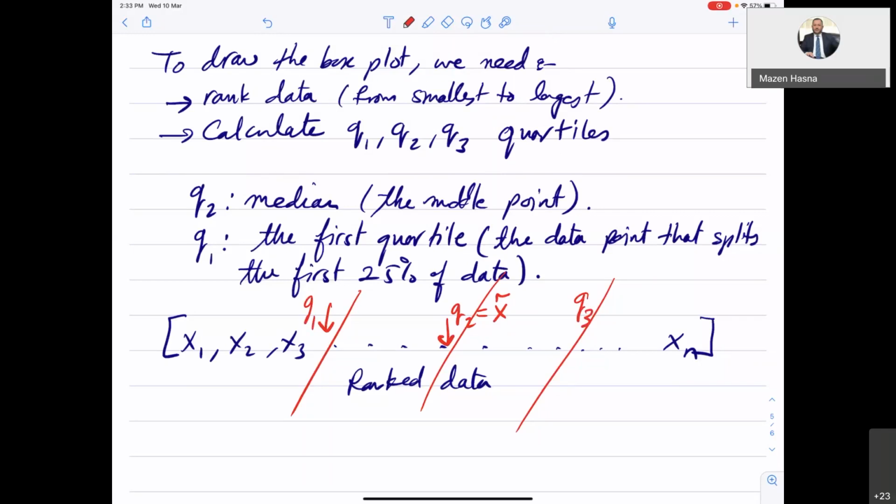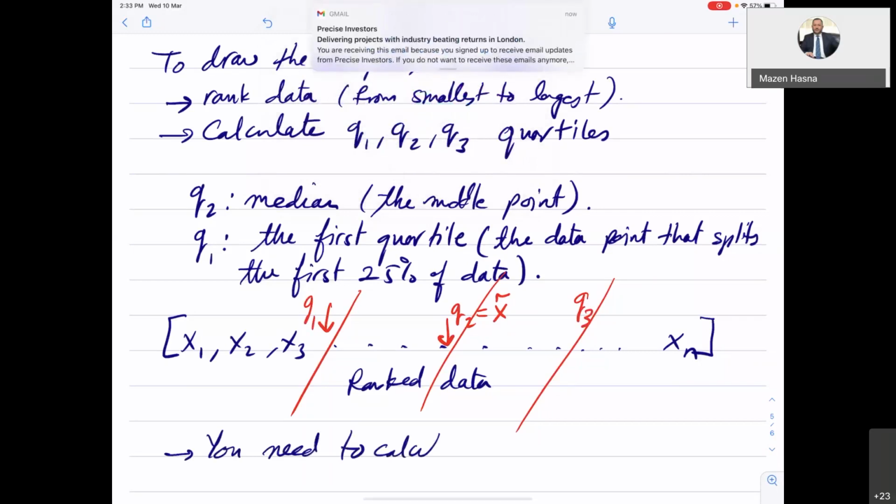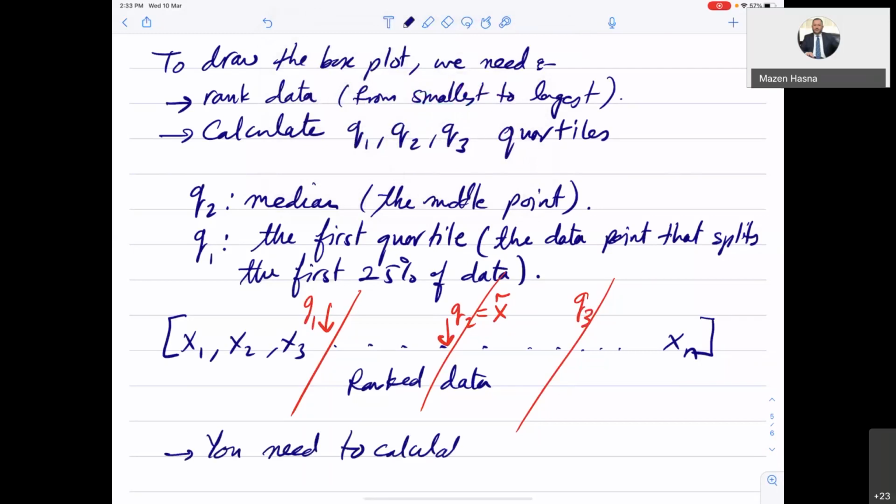Okay, so you need to calculate those. You need Q1, Q2, and Q3, and also you need to calculate the IQR, which is the inter-quartile range.